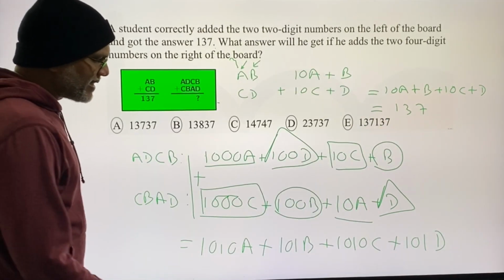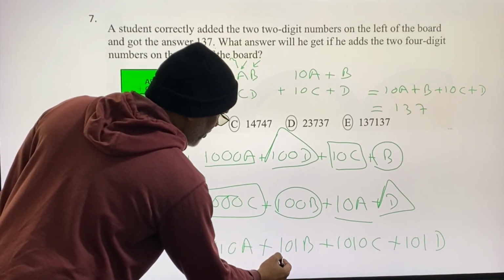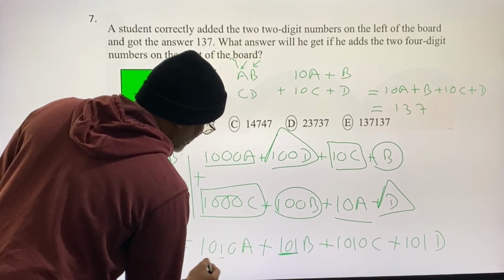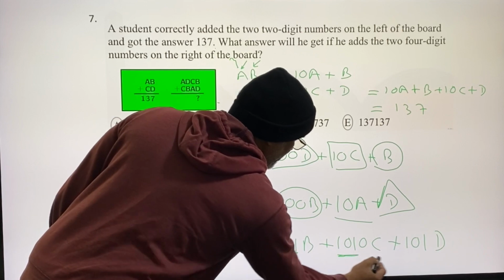Now I can see that I can take out the factor of 101 from all the terms.